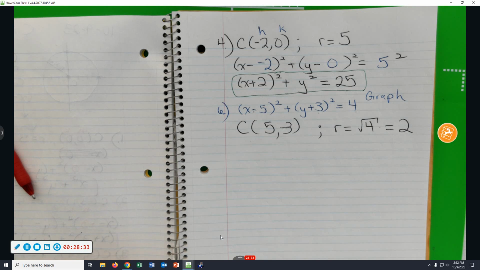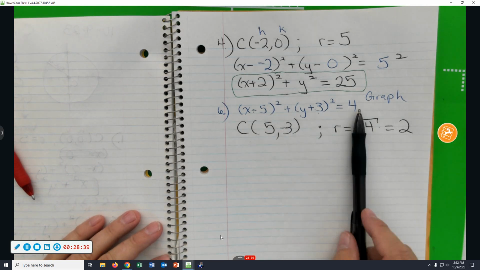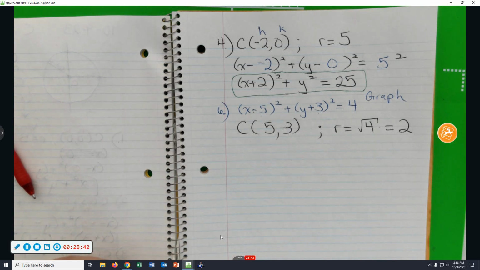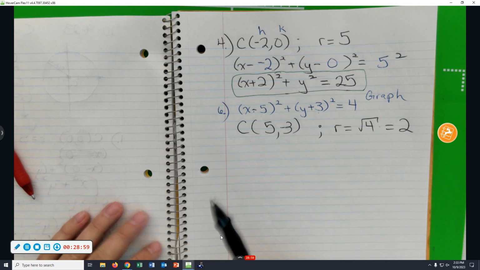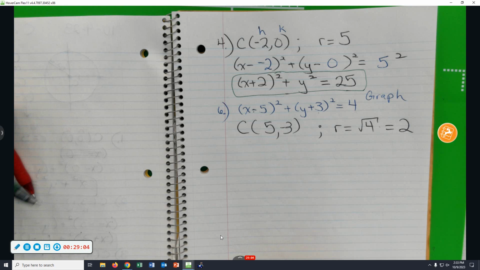They're little phrases I've said for 33 years of teaching this stuff, and that's one of them. Change sign, take the square root. One day I'll be in a nursing home, in my rocking chair, and I'll be saying these phrases. I won't remember what I ate for breakfast, but you know what I'll remember? Change sign, take the square root.